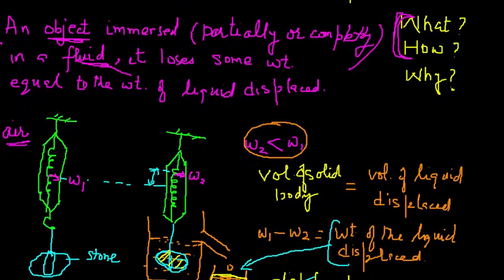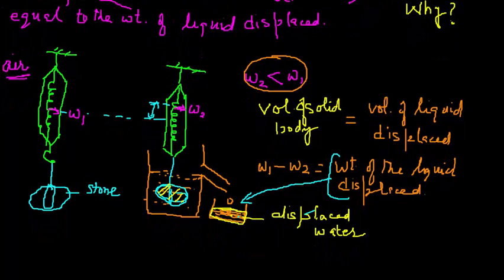We have a stone whose weight in air is W1 and weight in water is W2. The difference in weight is equal to the weight of the liquid displaced.